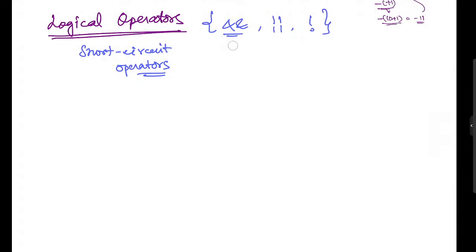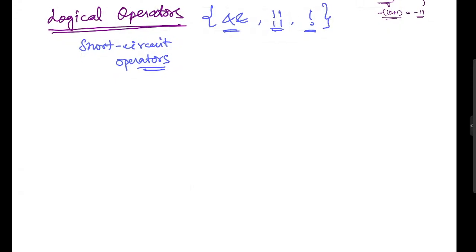So we generally have logical and, logical or, and then logical not. These are also known as short circuit operators, and we have a very good reason for that. The reason is very simple. If I have a and b, I don't care about what their values are; let's assume they give some true or false values.